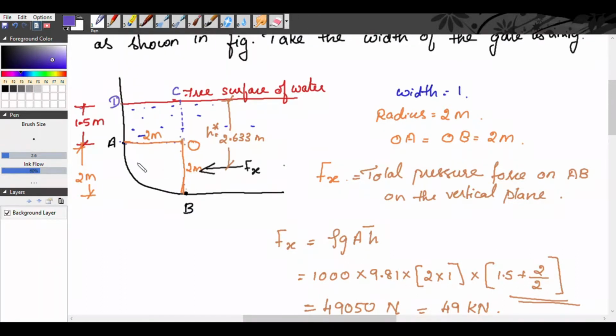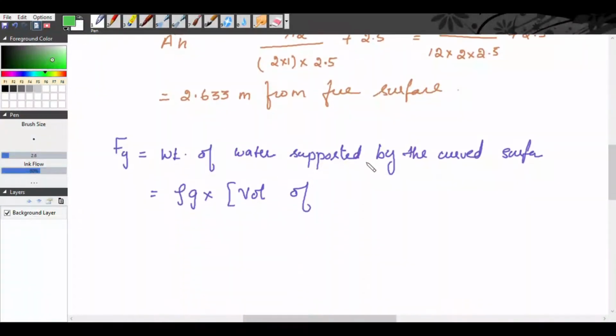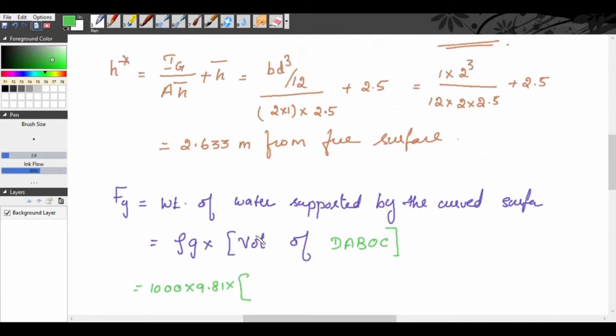See, this is the portion of water, the portion of water above the curved surface. So it is 1000 into 9.81 into the volume of DABOC.